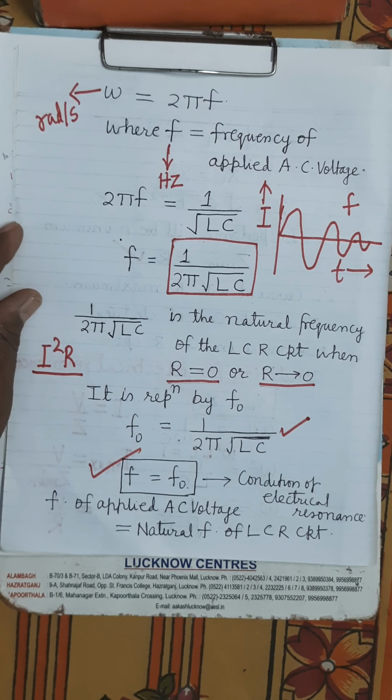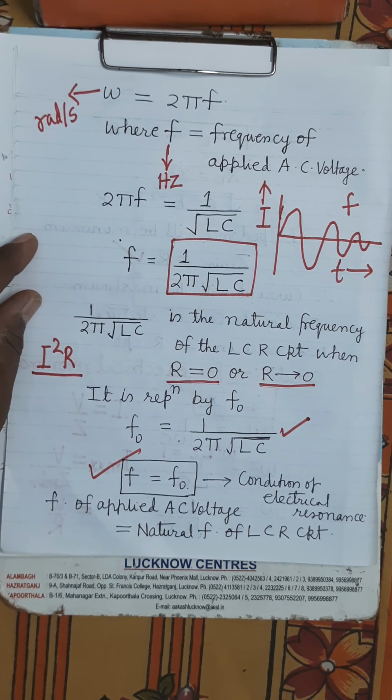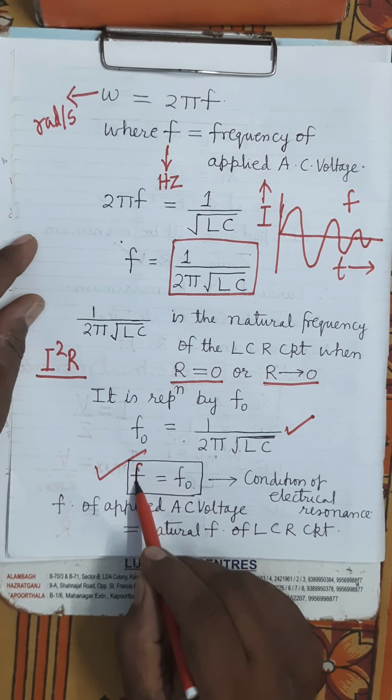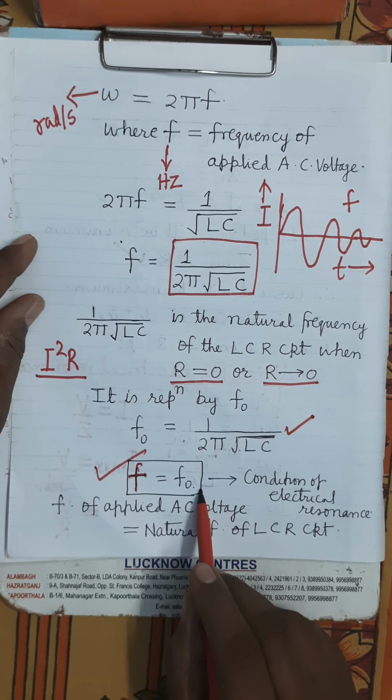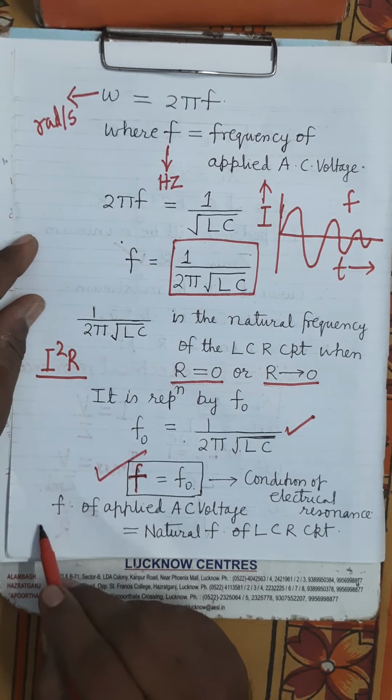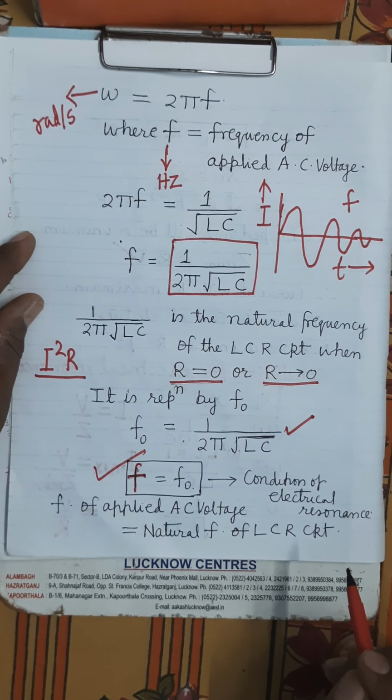In other words, we can say that the LCR circuit will be in the electrical resonance state when the frequency of applied AC EMF is equal to the natural frequency of the LCR circuit. It's clear?